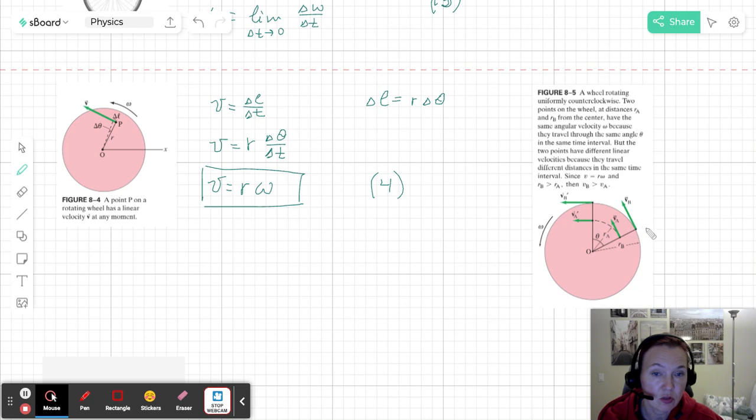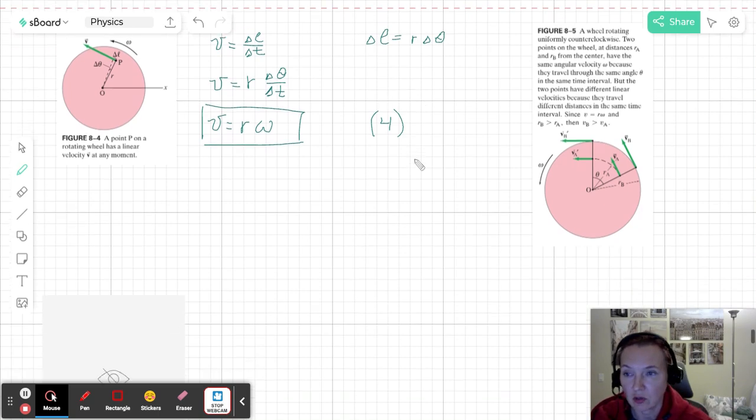Since V equals r omega, and the radius to point A is smaller than the radius to point B, the linear velocity further from the center is greater than the linear velocity closer to the center of rotation, the axis of rotation.